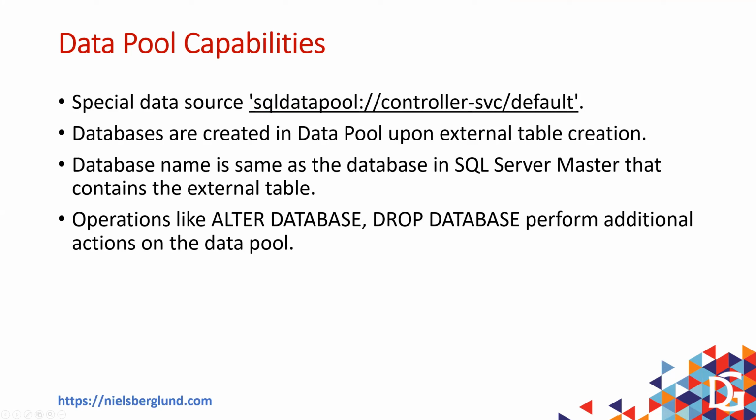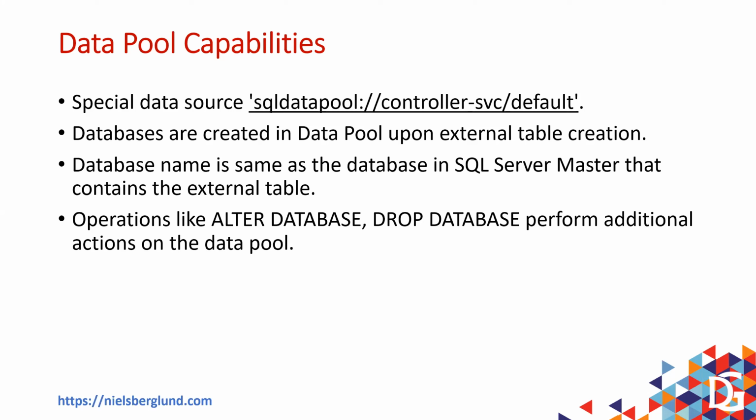The interesting thing here is that when we are creating an external table in the data pool, the database that you are in, in this case Niels DPG4, will be created in the data pool when you are creating an external table against the data pool.